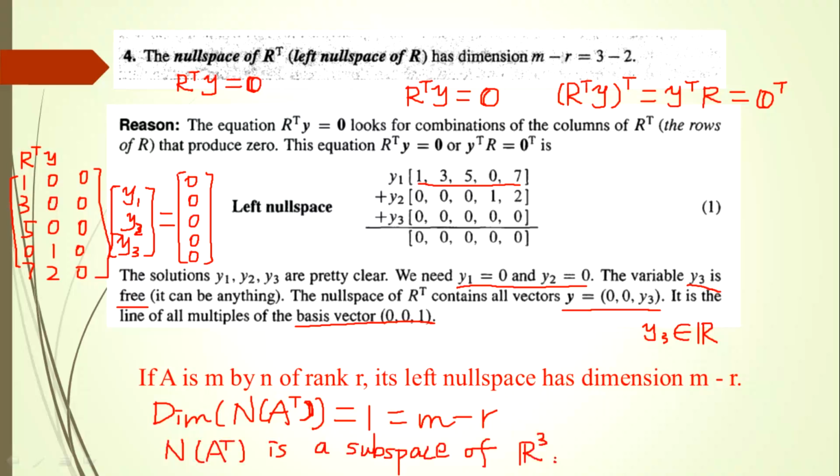The solutions in the left null space, the vector Y, has 3 components. The vector Y is coming from R3, right? So the left null space is a subspace of R3. The dimension is 1, and its standard basis vector is 0, 0, 1. So that is the 4th subspace.